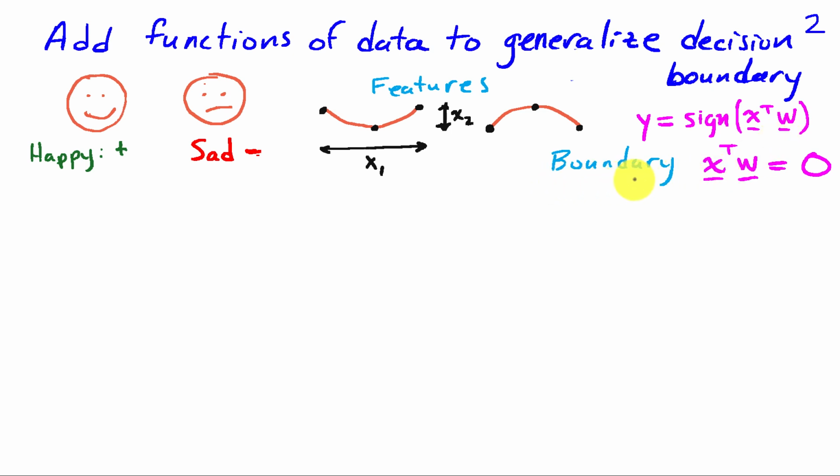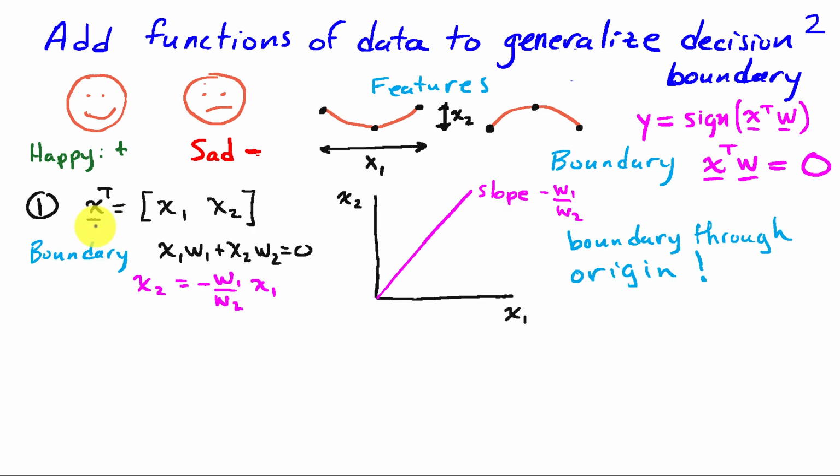So our decision boundary is when the inner product between our feature vector X and W is equal to 0, because that defines where we transition from a positive sign to a negative sign. Suppose we construct the feature vector just by putting those two measurements into X. Then our boundary is going to be x1 w1 plus x2 w2 is equal to 0, which I can solve for x2 to write that as negative w1 divided by w2 times x1.